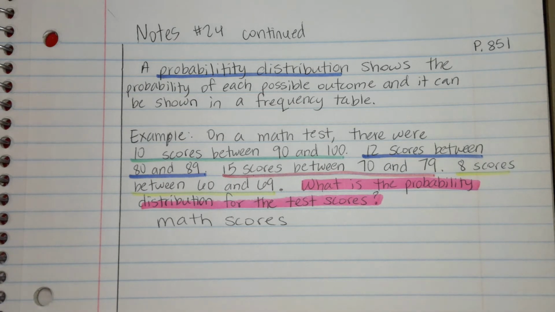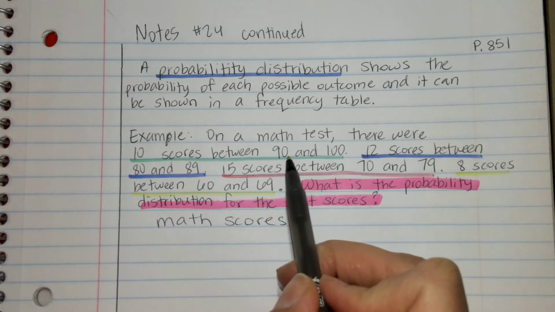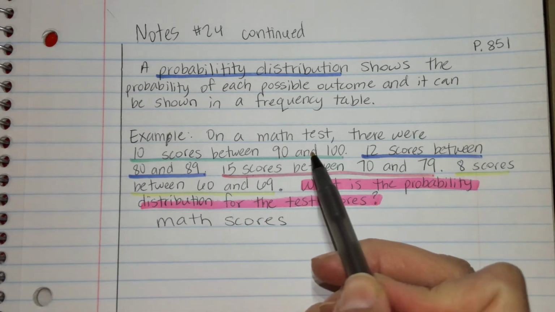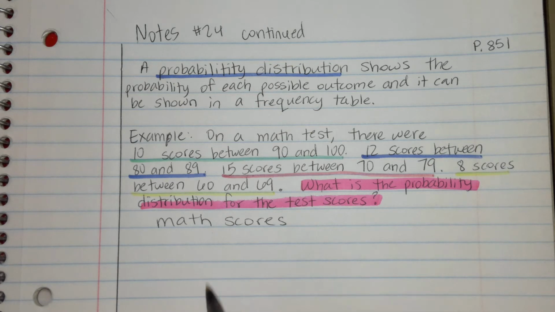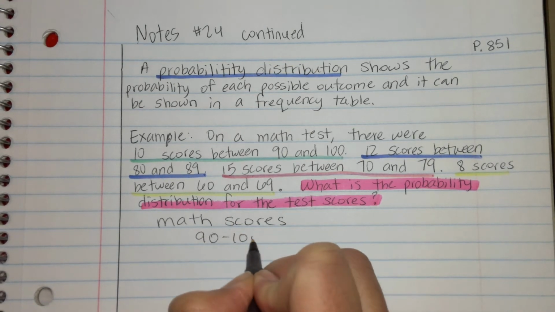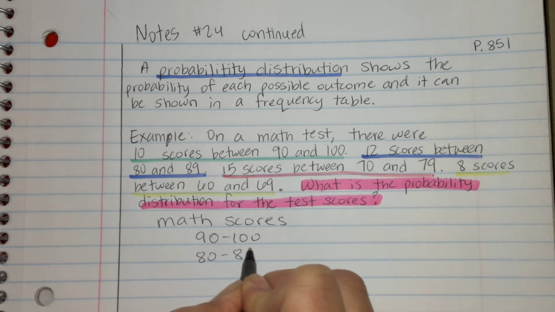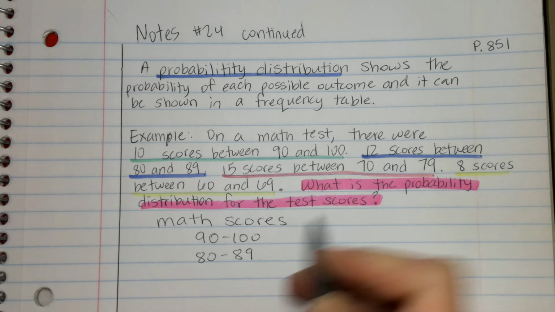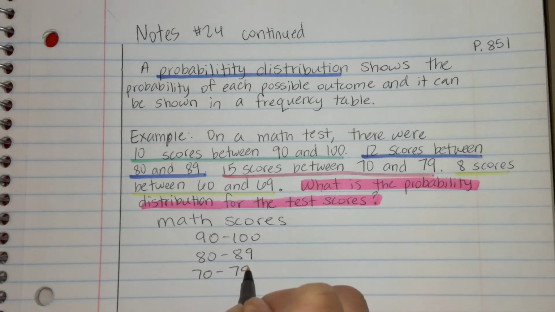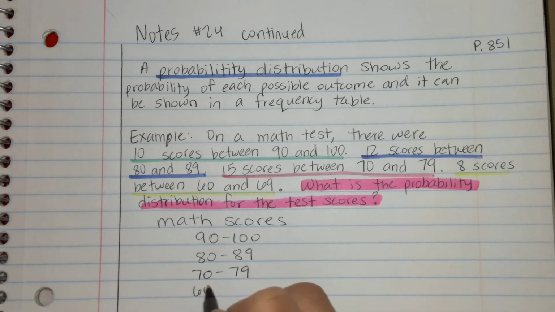So math test scores. We've got the scores from, let me get the different categories, and we want to keep it in order. We know math scores go from maybe highest to lowest, so 90 to 100. And then the next category was 80 to 89. And the next category was 70 to 79. And the last one, 60 to 69.